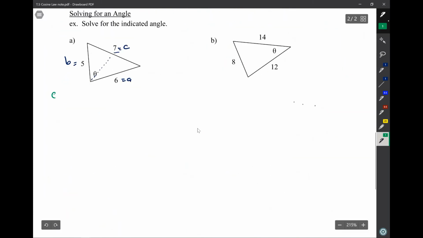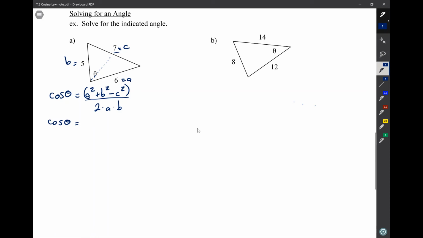So the cosine of theta equals, and again I'll provide you with both versions of this formula here, a squared plus b squared minus c squared, put all of that in brackets, divided by 2 times a times b. Well, I don't know what theta is, so I'm going to still leave it as is.